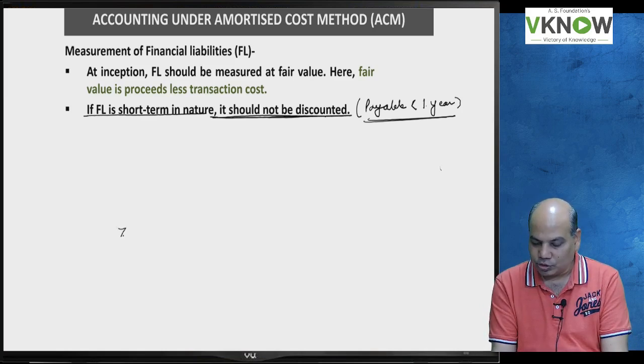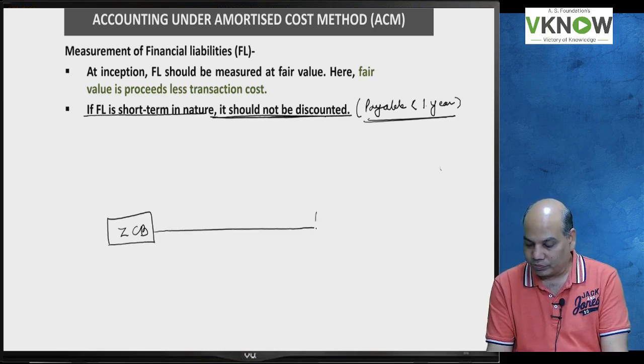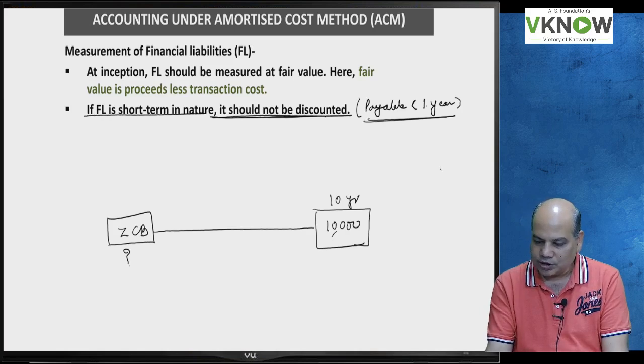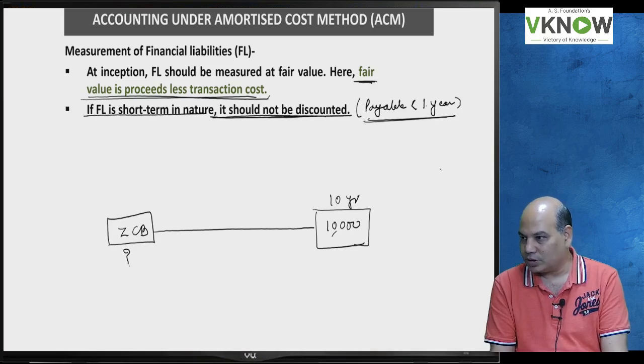But suppose you have a zero coupon bond. Have you heard of zero coupon bond? Zero coupon bonds don't pay interest, but they are redeemed after some years. So suppose after 10 years, the holder will get 10,000. How much will I recognize today? If this information is given in the problem, then I'll take that information.